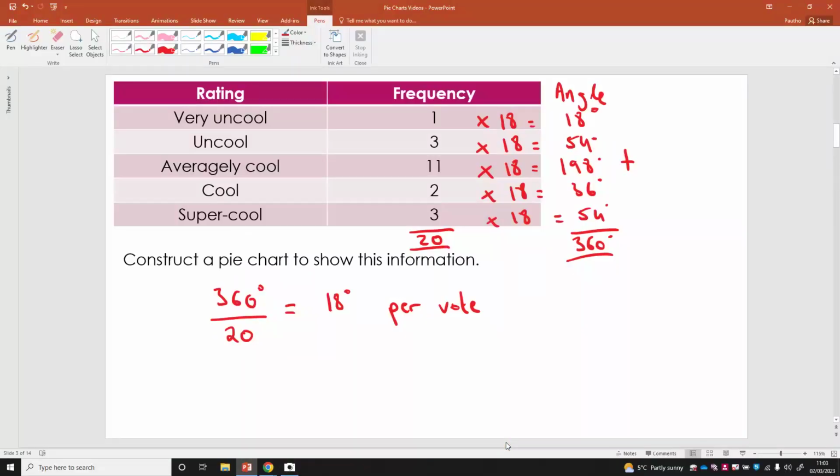Next section now. This could pose a problem. This averagely cool section is 190 degrees big, and that's too big for a protractor. My protractor only measures up to 180 degrees. The trick here, if you get a big angle like this, a reflex angle you can't draw, is to leave it till the end and it'll actually draw itself. So I'm going to skip the third row and go on to the cool row, which is 36 degrees.